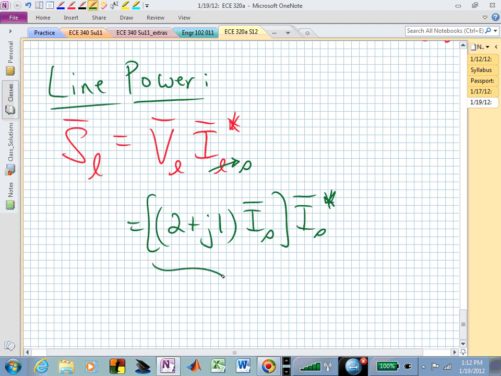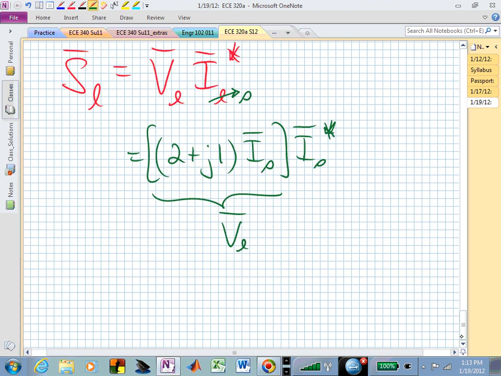I'm just saying this is my V sub L. I'm sort of burying that into a new expression. What happens when you take a complex number and multiply it by its conjugate? You get its absolute value squared. In this case, we would have 2 plus J1 times I sub S squared.